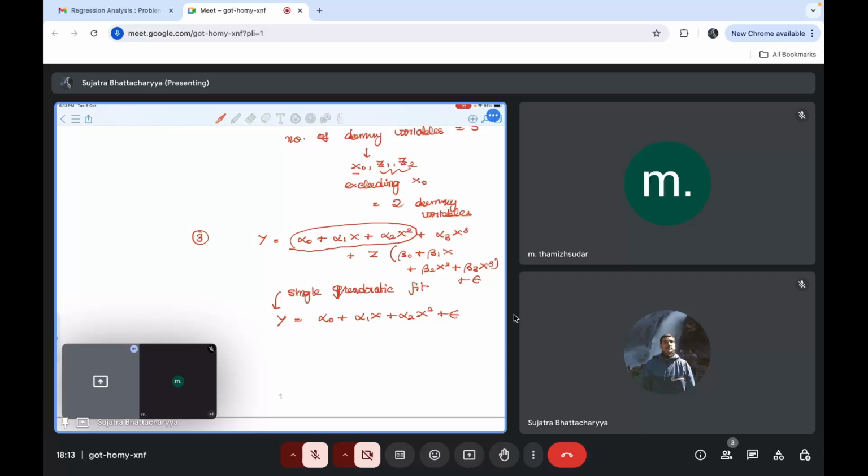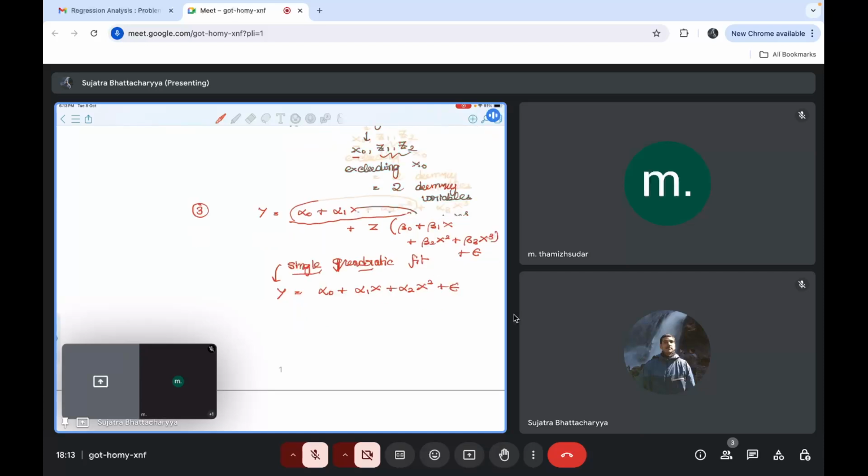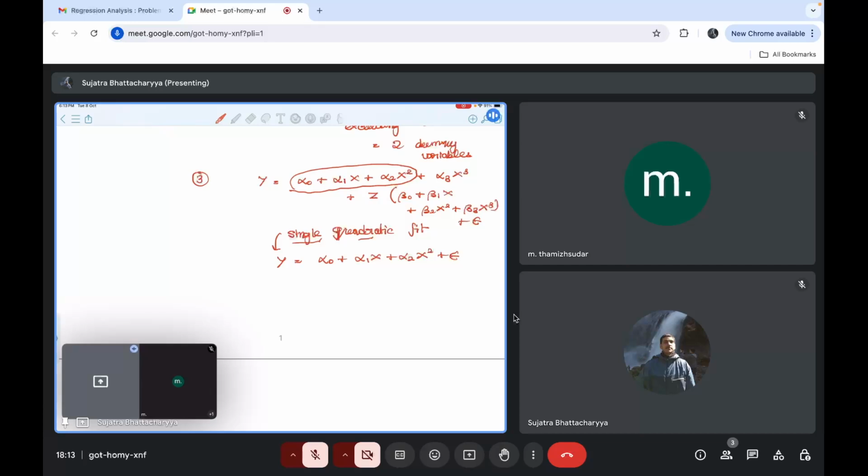But if you require a single quadratic fit model, then all other coefficients must be zero. We don't want beta naught plus beta 1x plus beta 2x square, because if we keep beta naught, beta 1 and beta 2, there will be two quadratic fits for different data sets. So for a single quadratic fit, the model should be like this.